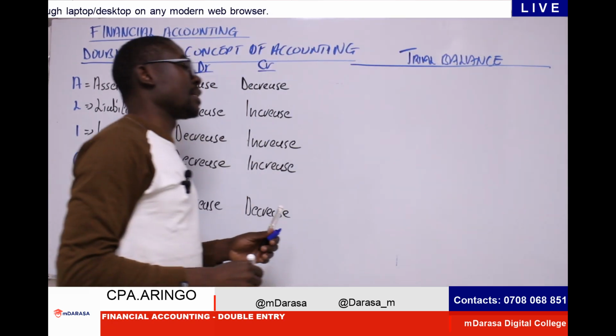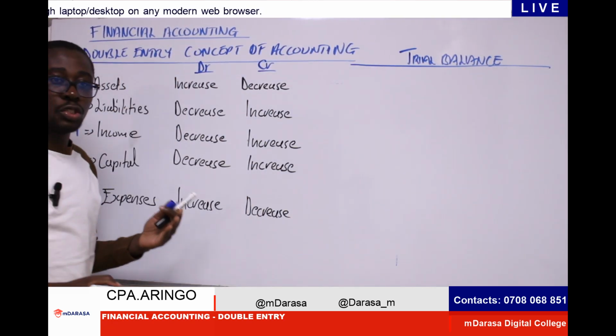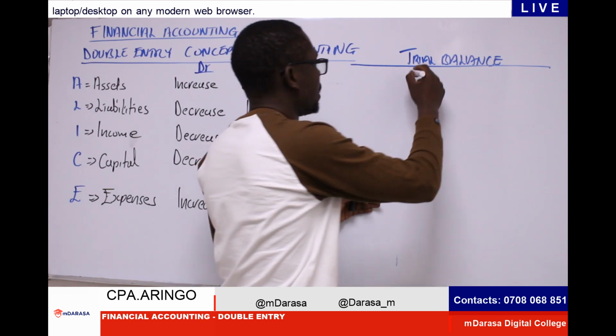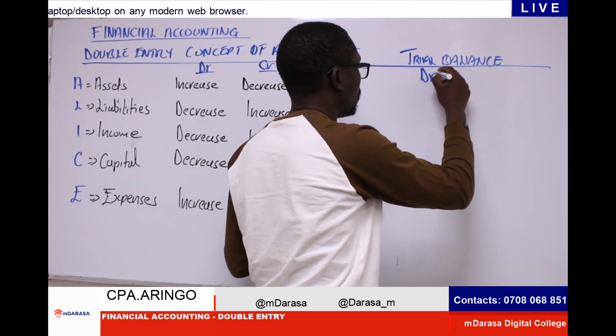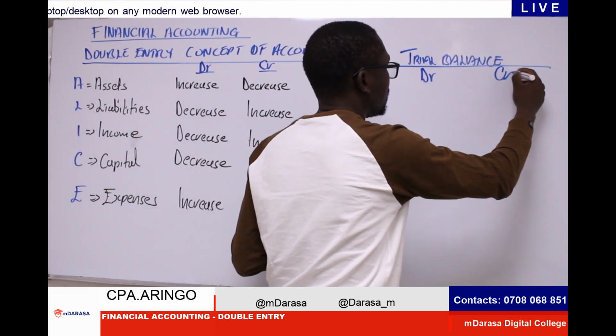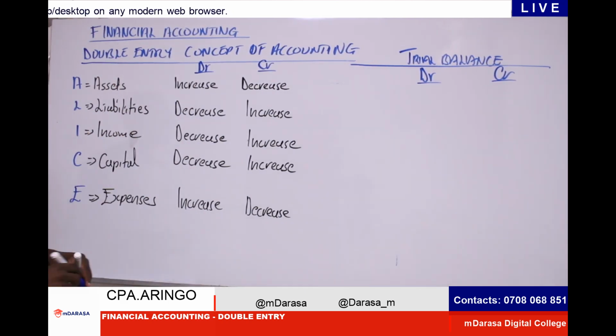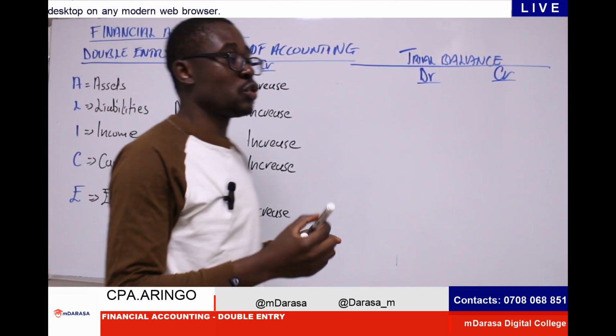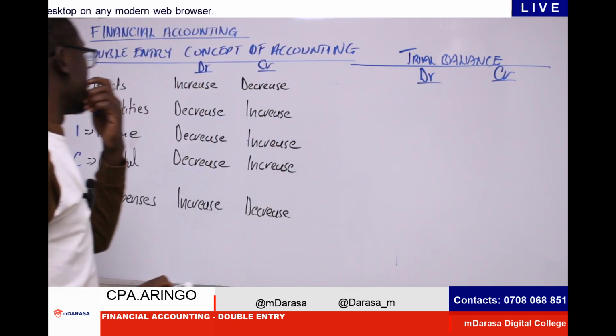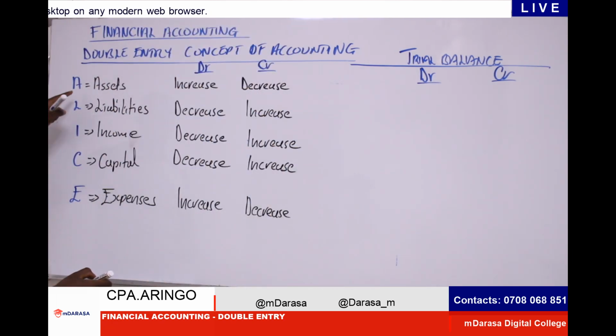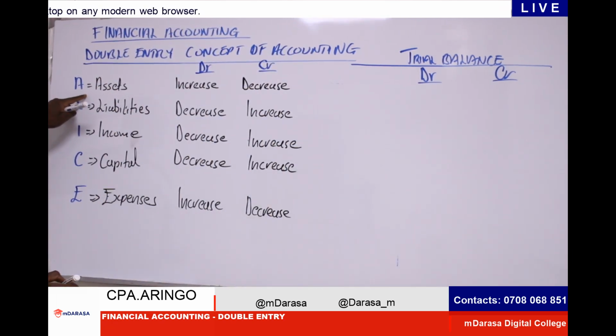A trial balance will always have two columns. The first column is the debit column. The second column is the credit column, and at the end of the day, the trial balance must always balance. So here we start again, following the principle of ALICE.